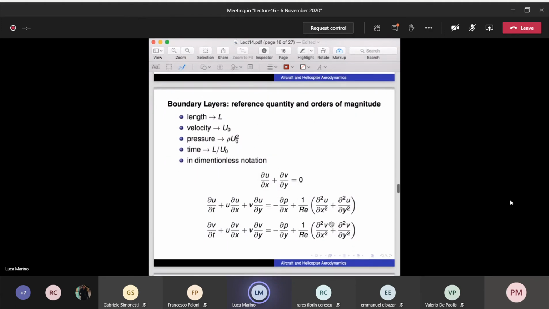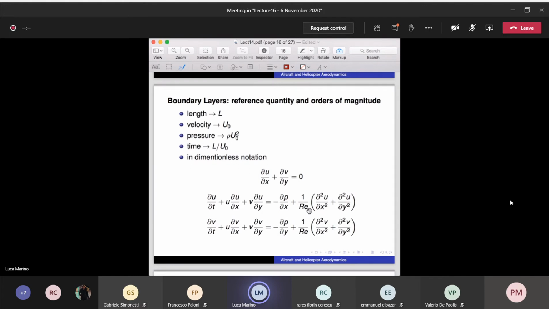As I told, here we have the Reynolds, not the square root of Reynolds, because these are the Navier-Stokes equations. And if we introduce this reference quantity and reduce this equation in terms of this reference frame, for example, here we will have the pressure, we will have a rho times the square of U over L. So in front of the gradient, we will have this term.